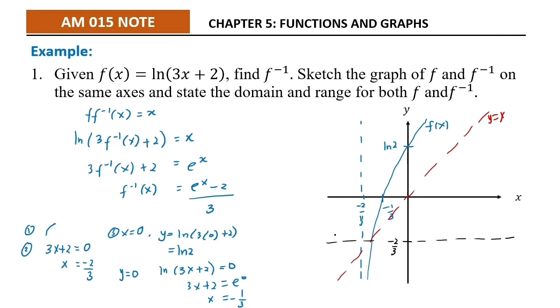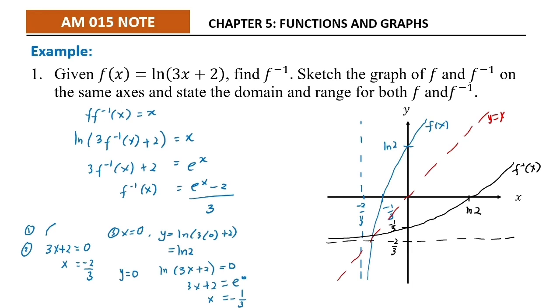So it is close to the asymptote and then moves up. This is the f inverse. Here is negative 1 over 3 and here is ln 2. The inverse function will cross exactly at the same points as f(x).